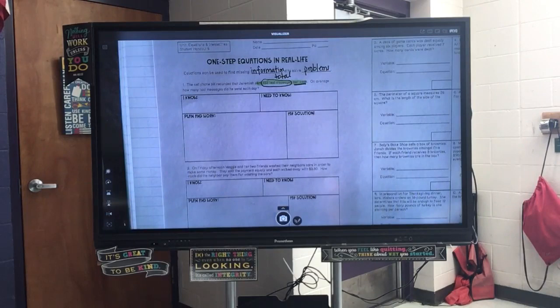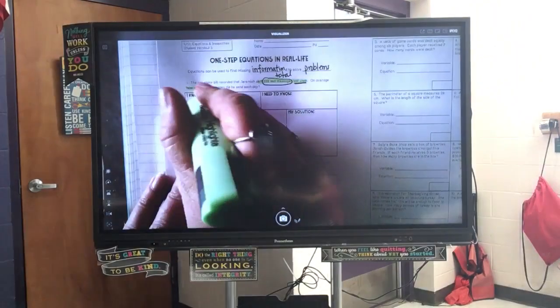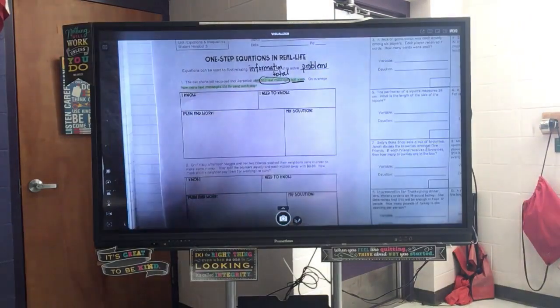It's asking us about, on average, how many text messages did he send each day? So why is knowing last week important? What do we know about a week? Camden? It has 7 days. Has 7 days. So therefore, that is telling us that we are going to be using the number 7.